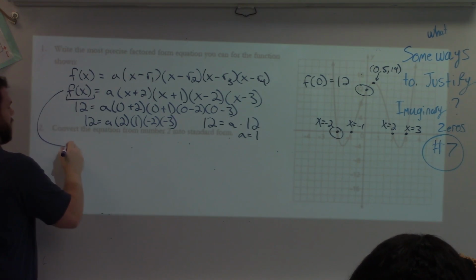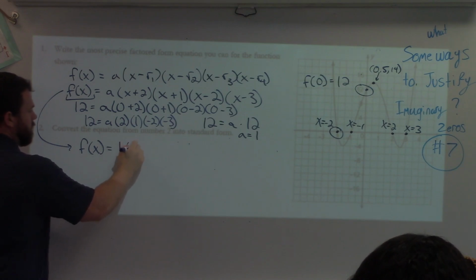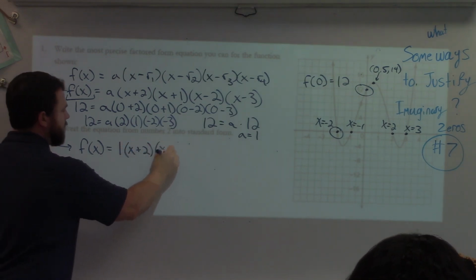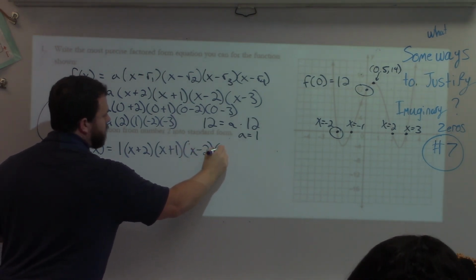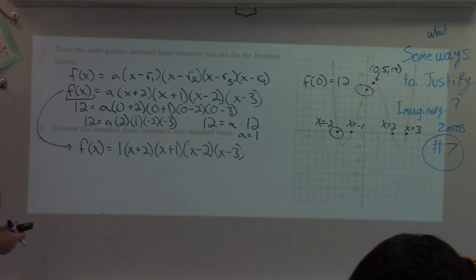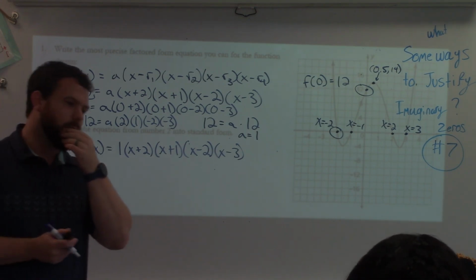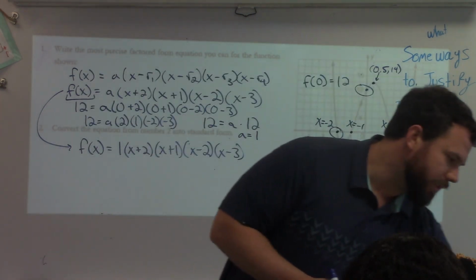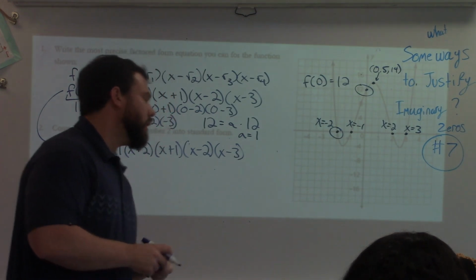So, my final answer here is... That's the most precise answer I could write. Not just a generic A, but I could actually come up with a 1. And know that. Did I show that work on my solution set? Yep, I did. Okay.